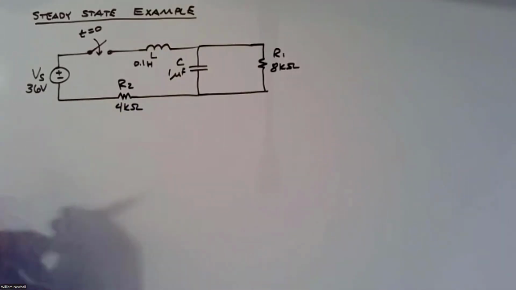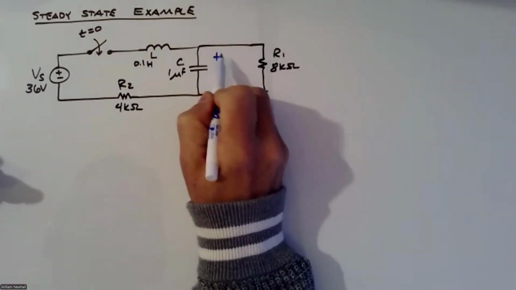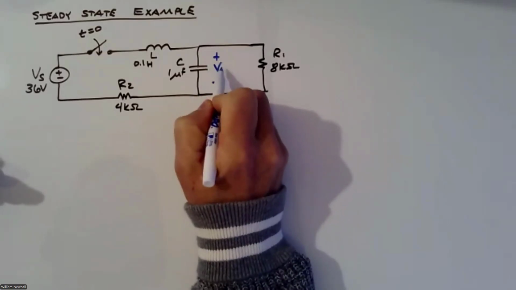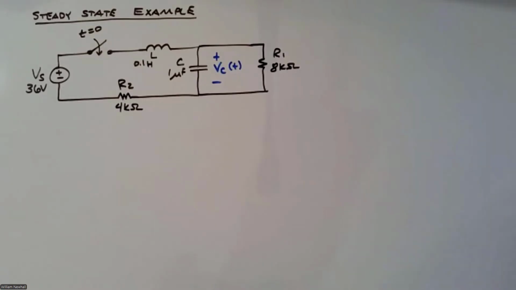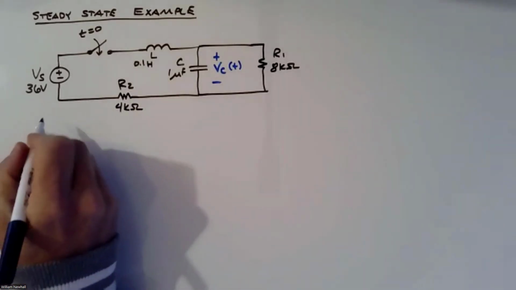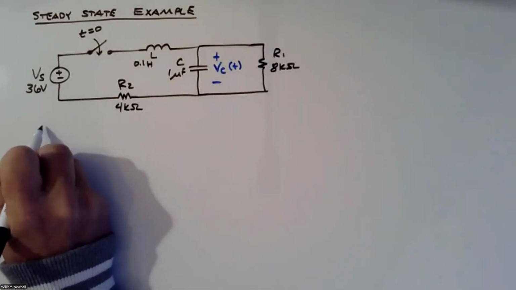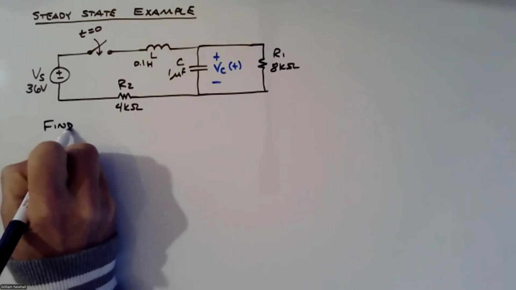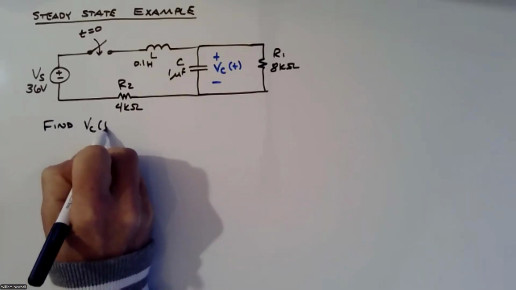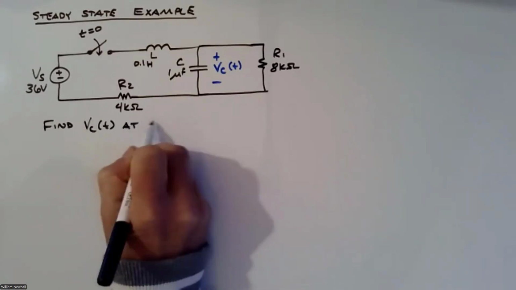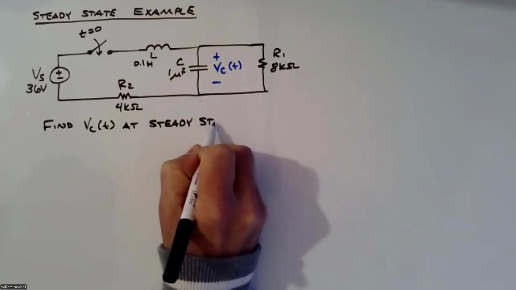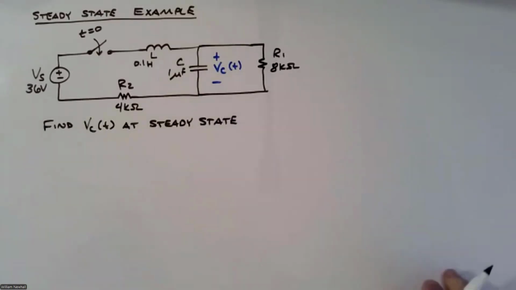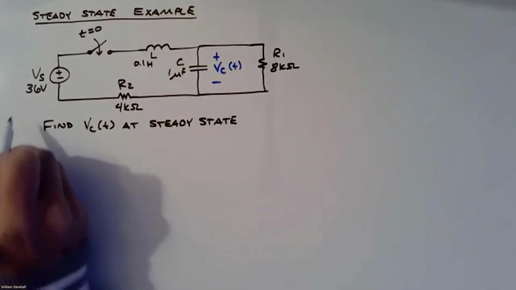So there's the circuit. And let's suppose we want to find the voltage across the capacitor, Vc of t, at steady state. Okay, so that's the problem.